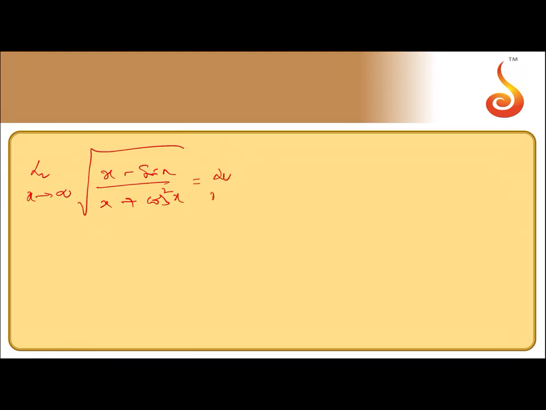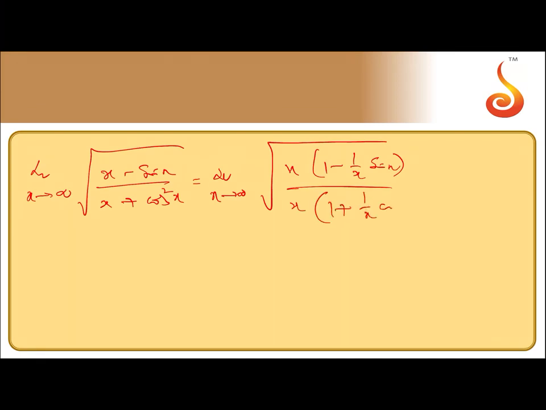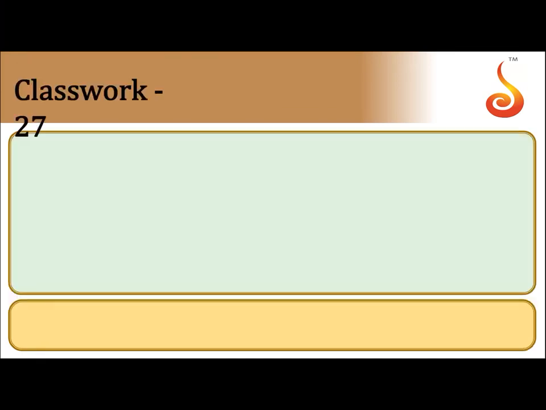Let's see the limit of f of x as x extends to infinity, under root. Why don't you take x common in numerator and denominator: x into 1 minus 1 by x sine x, divided by x into 1 plus 1 by x cos square x.